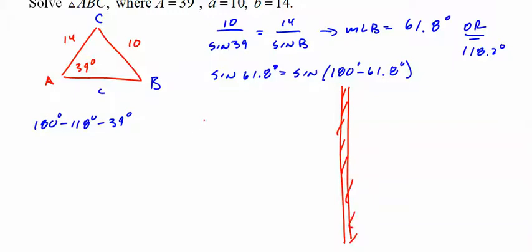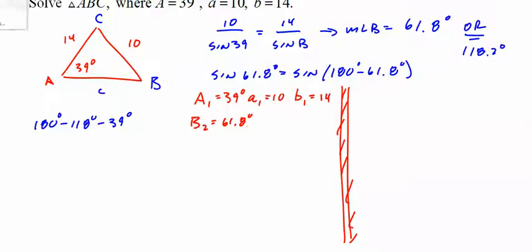On the one side, we have the original data, which I will call A1 equals 39 degrees, little a1 equals 10, little b1 equals 14, and we calculated angle B2 equals 61.8 degrees.